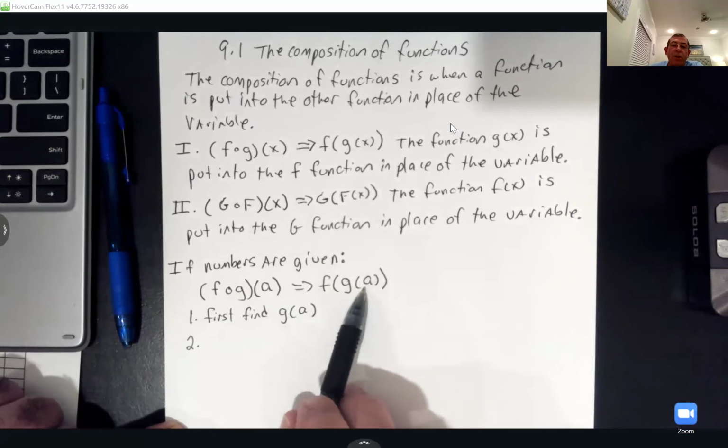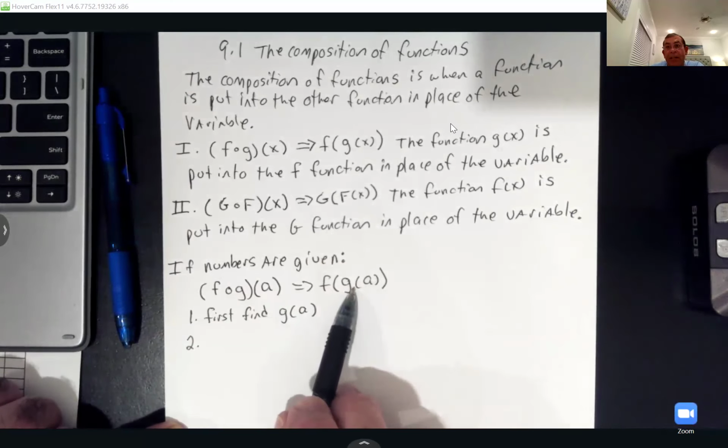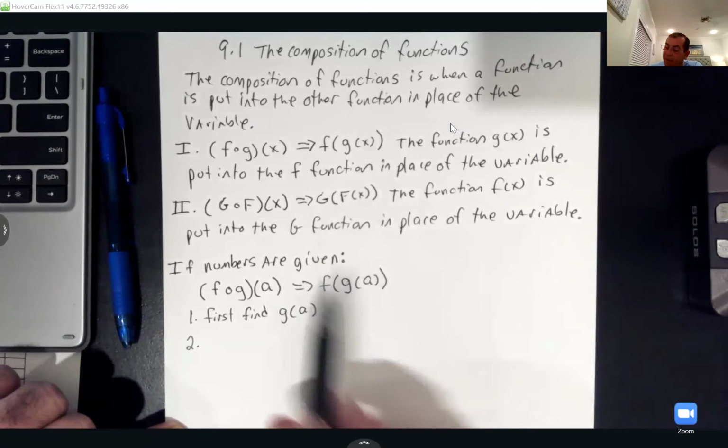So now, once I've plugged a number into the g function and got an answer out of that, I then put that answer into the f function.